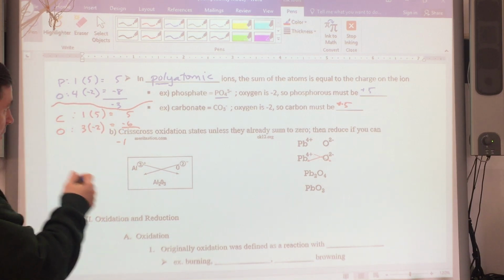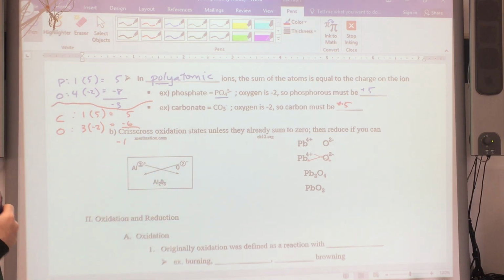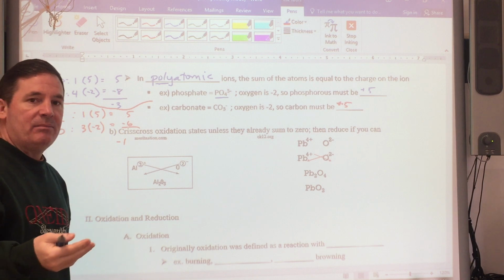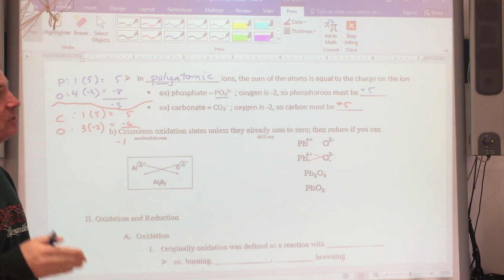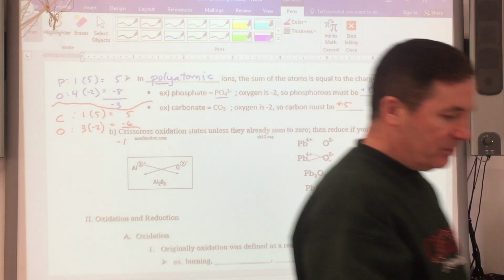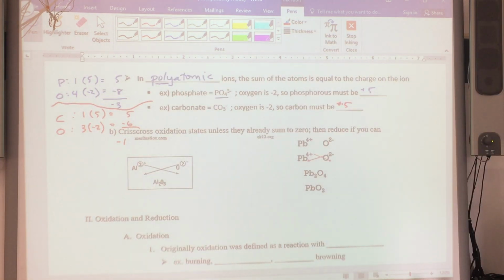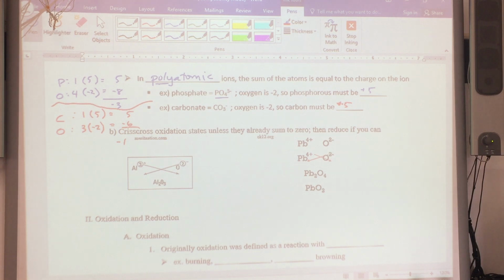All right. Now, this goes back to how we name and or write down the chemical formulas for different particles, different compounds. So, let's do one more practice on that, and then we'll do the homework.